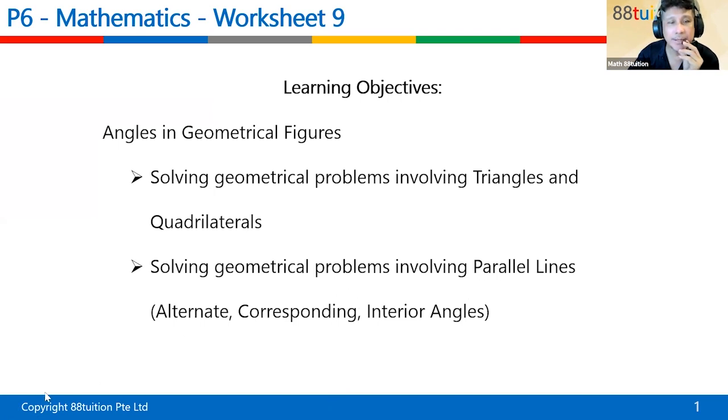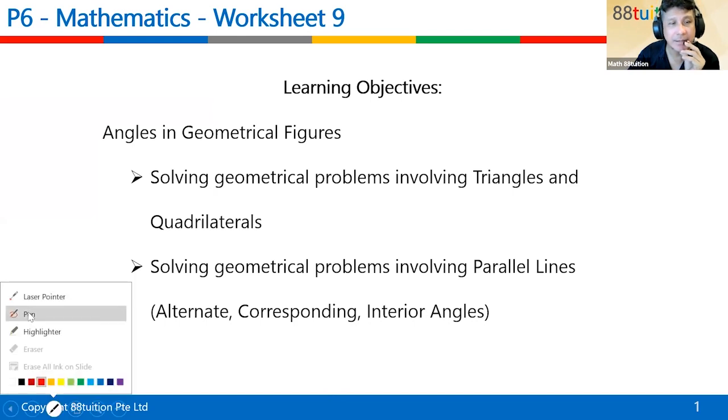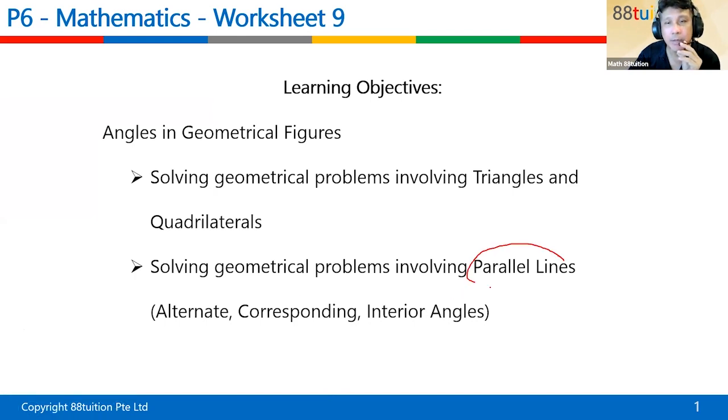basically what we're doing is some of the geometry questions will involve parallel lines. So how do parallel lines affect our angles? There are three types that we want to talk about.